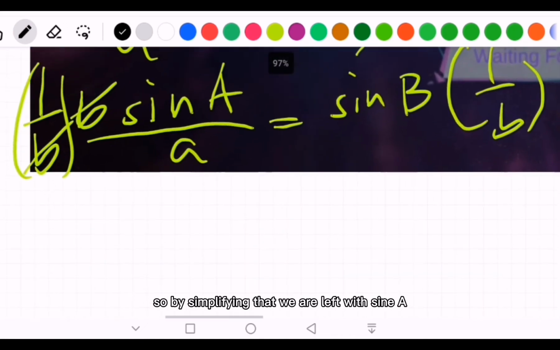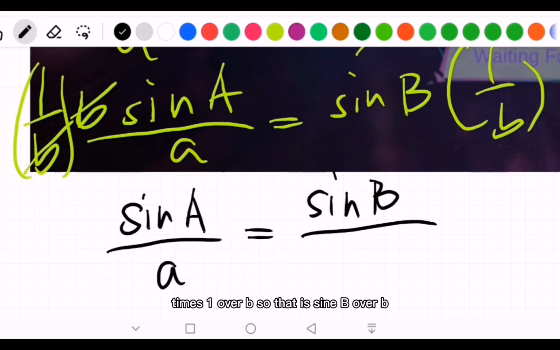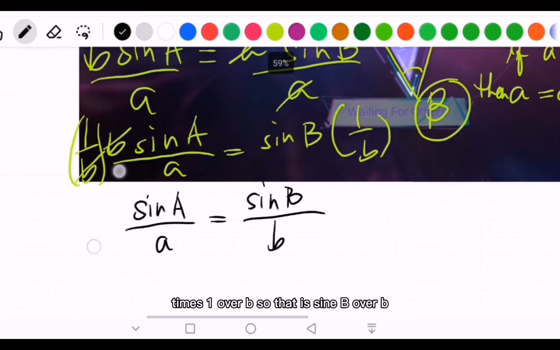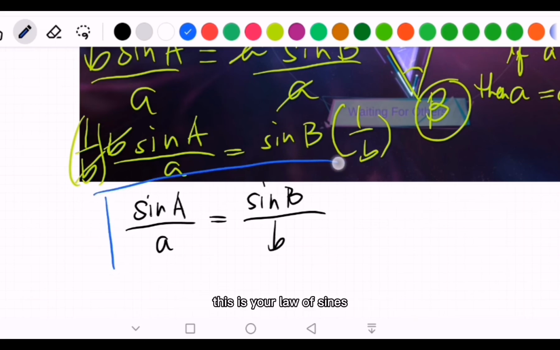So, by simplifying that, we are left with sine A over a is equal to sine B times 1 over b, so that is sine B over b. So here you go, ladies and gentlemen, this is your law of sines.